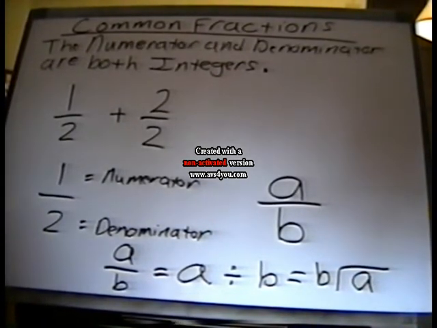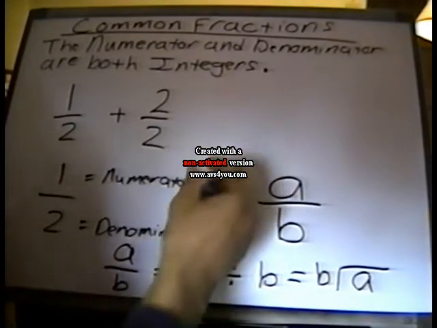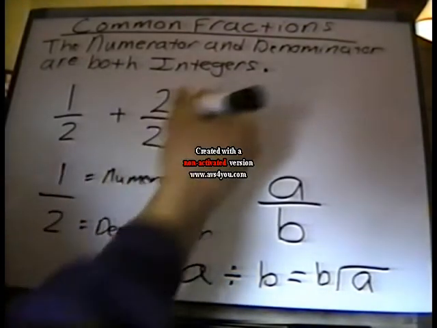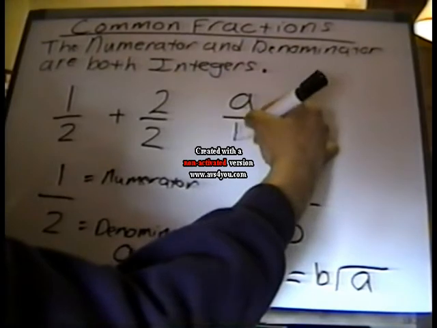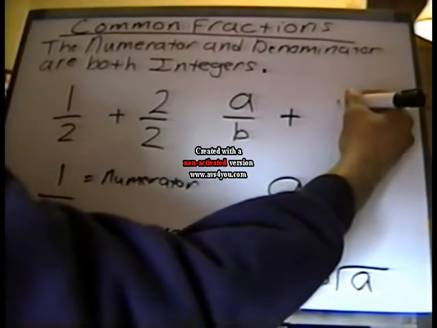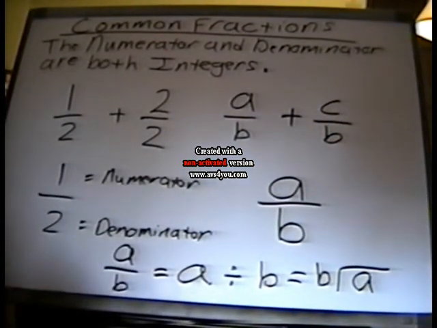Now what I want to show you here, let's say 1/2 is A over B. We take the form A over B plus C over B. What is that going to give us?